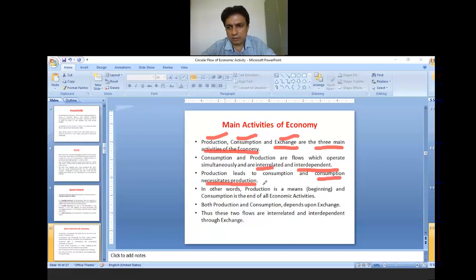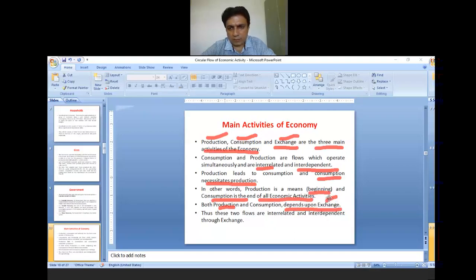As we already know, demand and supply are related to each other. In other words, production is the means, the beginning, and consumption is the end of all economic activities. Both production and consumption depend upon the exchange, the money, which is termed as the exchange.